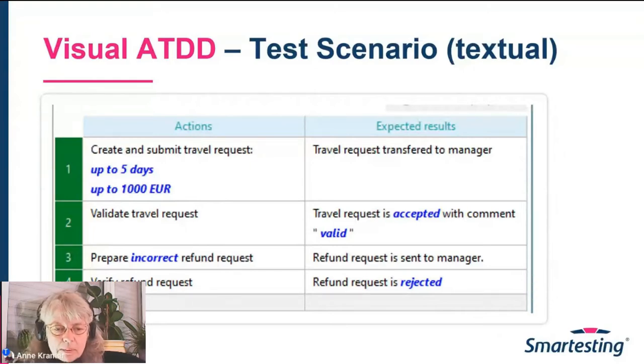It's a little bit simplified, the example, but those scenarios are then the description and the specification by example of your system, and at the same time, those are the currently still manual tests for your test execution.